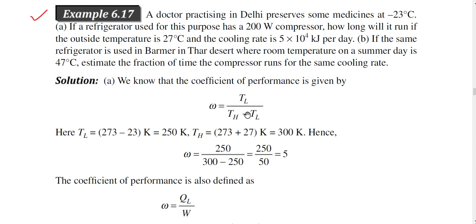This is the definition of the coefficient of performance. As given in the problem for case A, that is in Delhi, the temperature inside the refrigerator is minus 23 degrees centigrade, which is 250 Kelvin, whereas TH, the temperature of the surroundings, is 27 degrees centigrade, that means TH is equal to 300 Kelvin. So the coefficient of performance omega is 5.